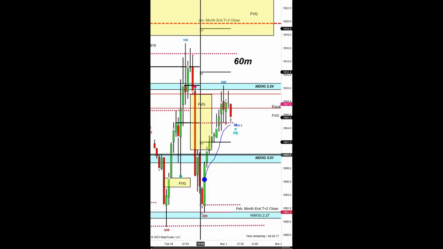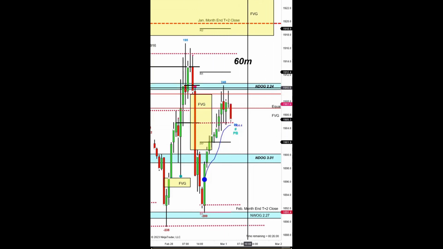60 minutes. So this is a little more in context with day trading. This is the largest time frame that I look at. I'm looking at this fair value gap. Notice that price goes above it up here to the new day opening gap of February 24th.